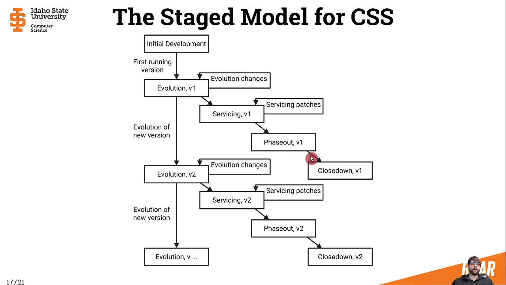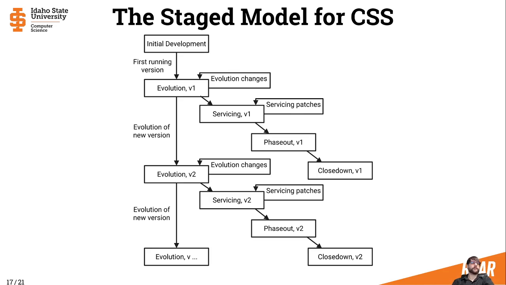As we get to close down, that's when we start really evolving version 2. So we made a major evolution, possibly during the phase out phase for V1. We've started creating this version 2, and we're evolving that. You can think of this like, for example, the Windows operating system, which has a certain lifespan, or even Ubuntu.